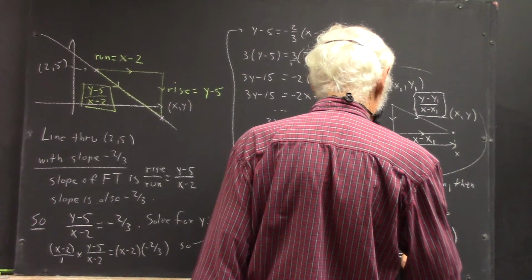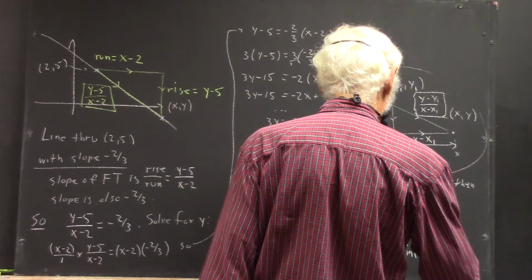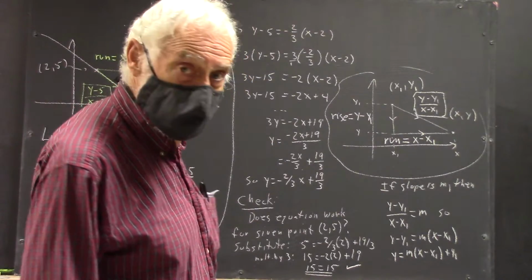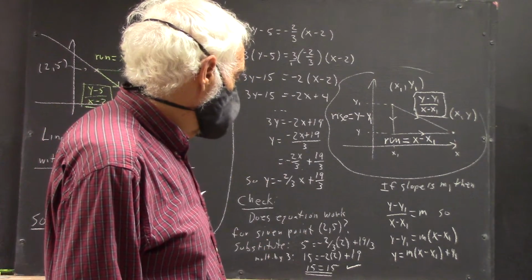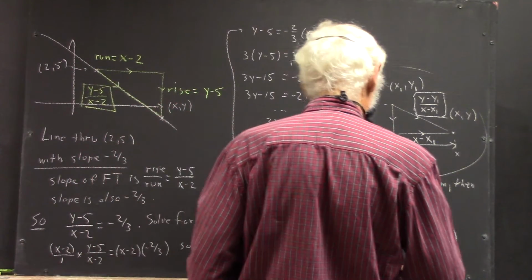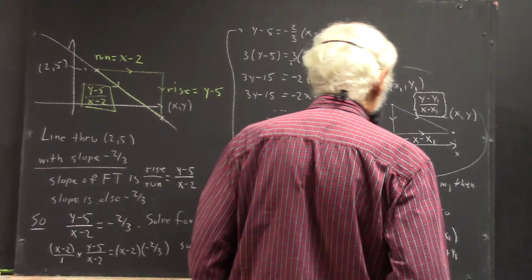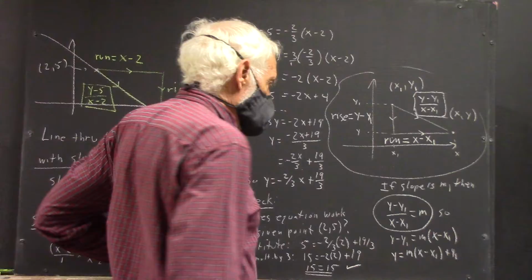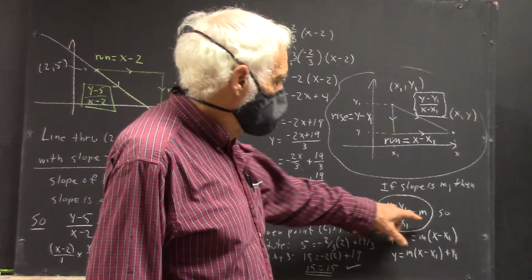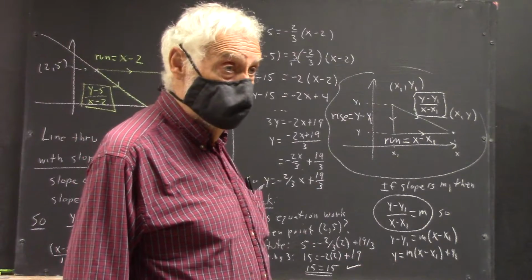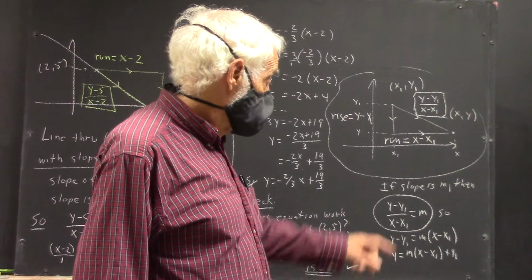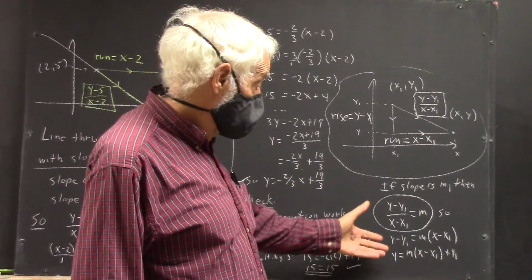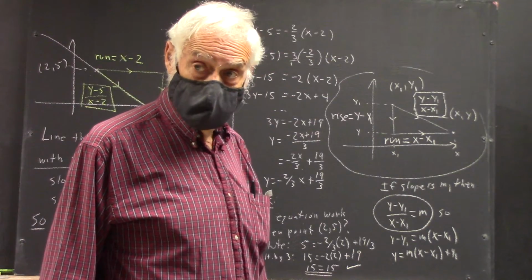Then you add y1 and you get this, okay? The important equation is this, because this just says slope equals slope, right? So you're going to see this equation in some guise or another, maybe in some rearrangement. There it is, okay?